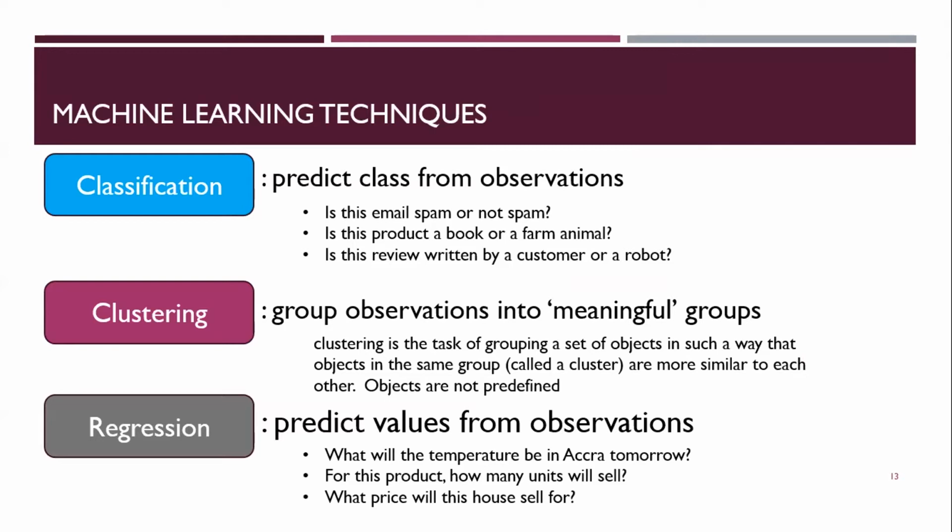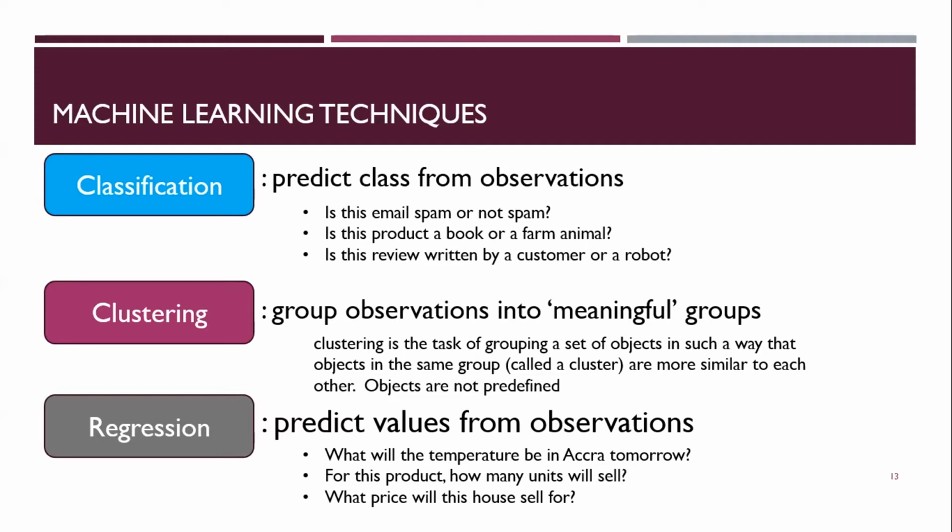There's a classification technique, which means after the machine has learned, the machine learning model will be able to tell which group a certain thing belongs to. So when you receive an email, is the email spam or not spam? The classification model classifies it as spam or not spam. Is this product a book or a farm animal? Is it this or that?